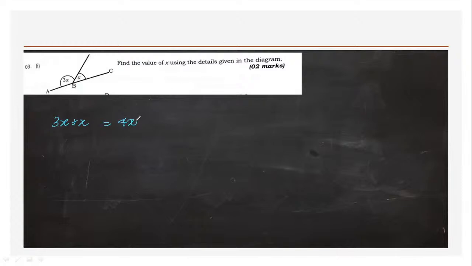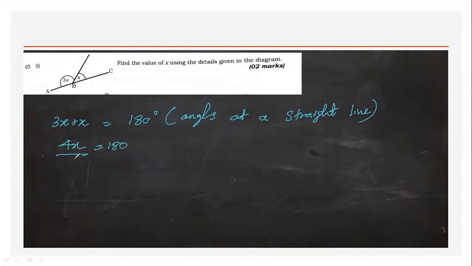Supplementary means angles on a straight line, so 180. 4x equals 180. Divide this side by 4, this side by 4. X equals how many 4s here? 45. Right? X is 45.